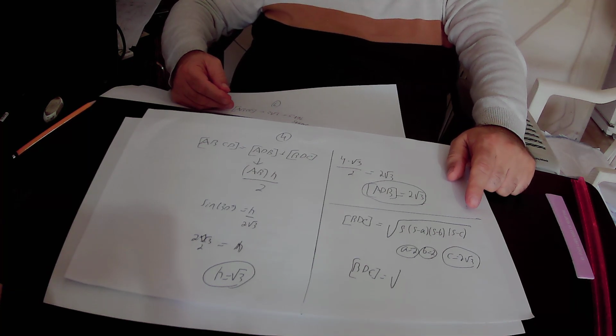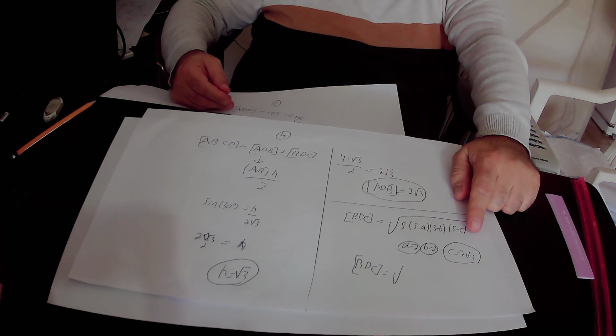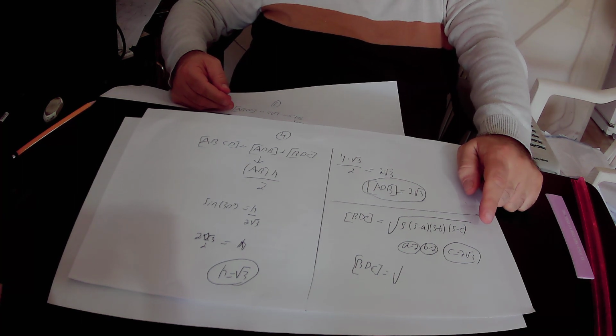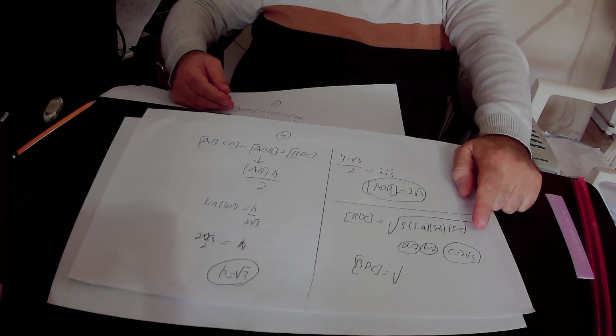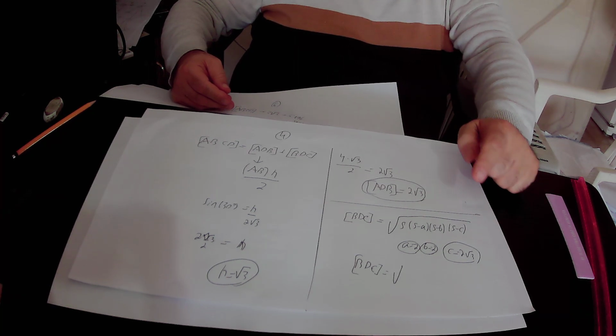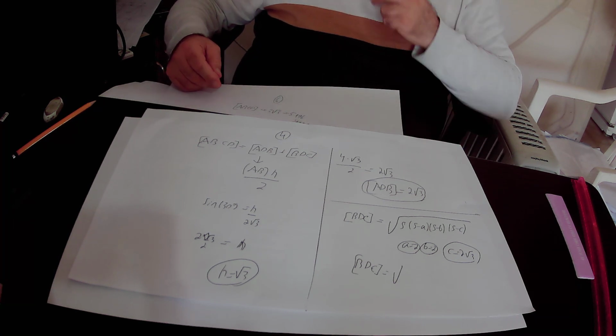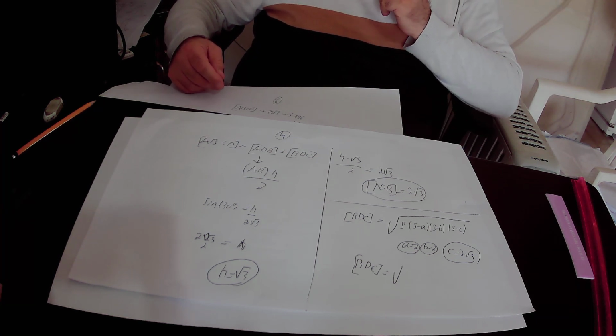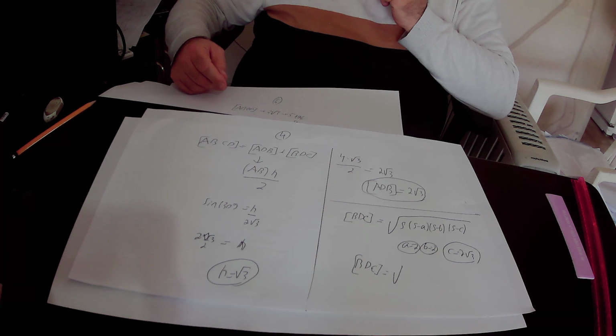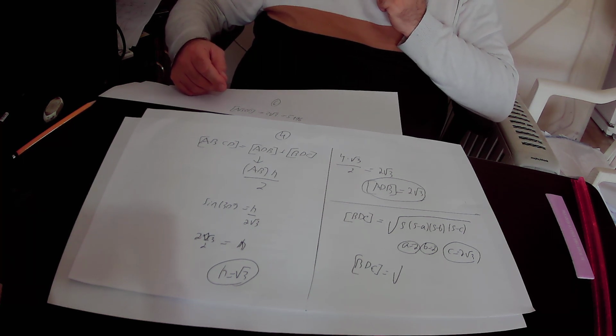A is 2, B is 2, so 2 plus 2 is 4, and 4 plus C, that is 2 times square root of 3, gives us 4 plus 2 times square root of 3, and then we divide it by 2, and we get that the semi-perimeter of triangle BDC is 2 plus square root of 3 units.